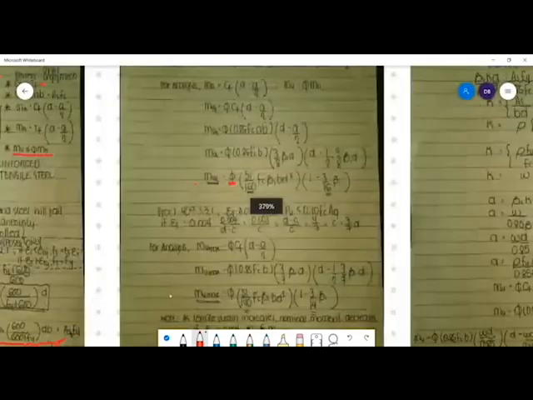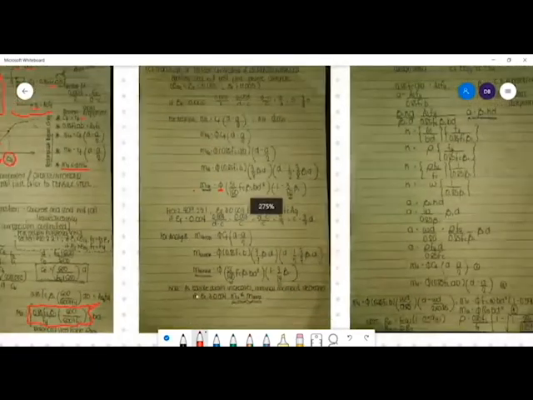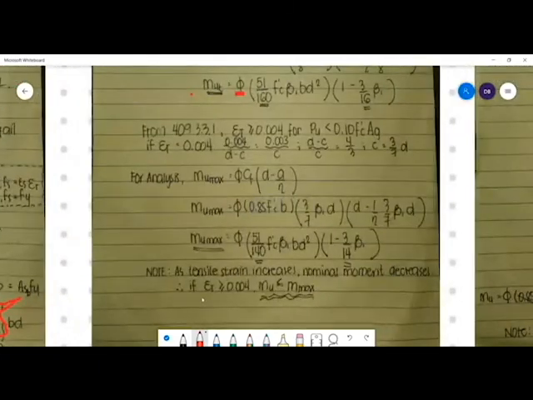So sinasabi dito, what should be the maximum moment, this is what should be the maximum bending moment in order for the ideal design.